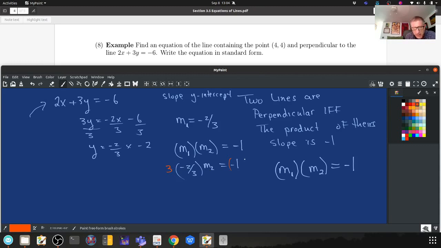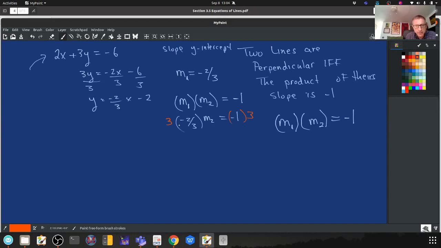I've still got an equivalent equation. So 3 times minus 2/3 times m2 is minus 2 m2, is equal to minus 1 times 3, which is minus 3. So now I'm in familiar territory. I want to divide both sides by minus 2. So m2 is equal to minus 3 divided by minus 2, which is 3/2.